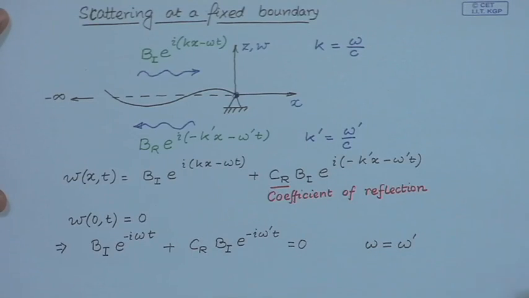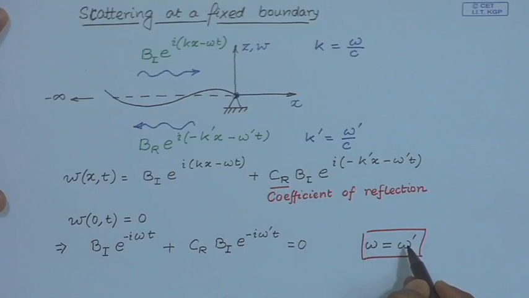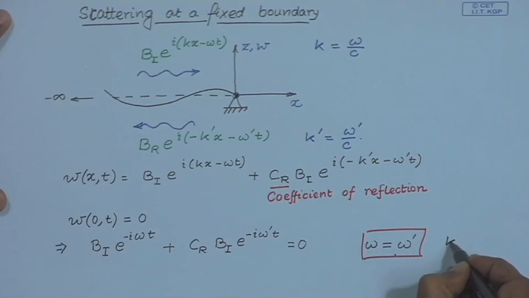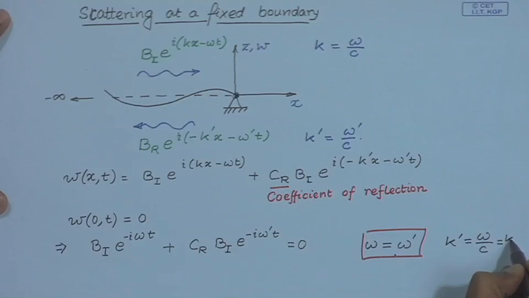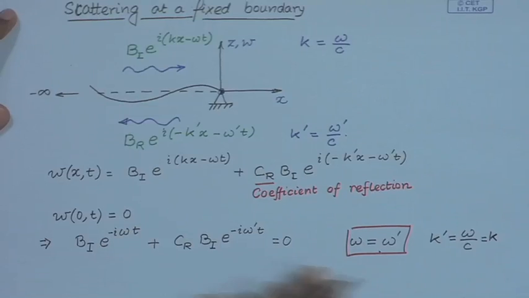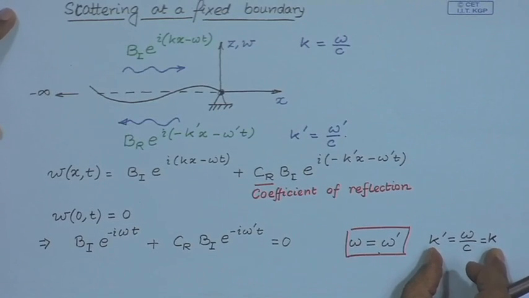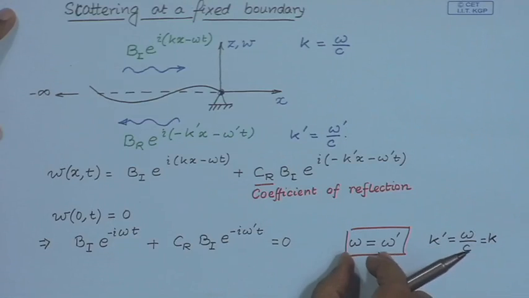this condition is required. Which means that the frequency of the incident wave must be equal to the frequency of the reflected wave. Immediately using this, we find that k prime must be omega by c, and that is equal to k. So, the wave number of the reflected wave must be the same as the wave number of the incident wave, since the frequencies of these two waves must be the same.